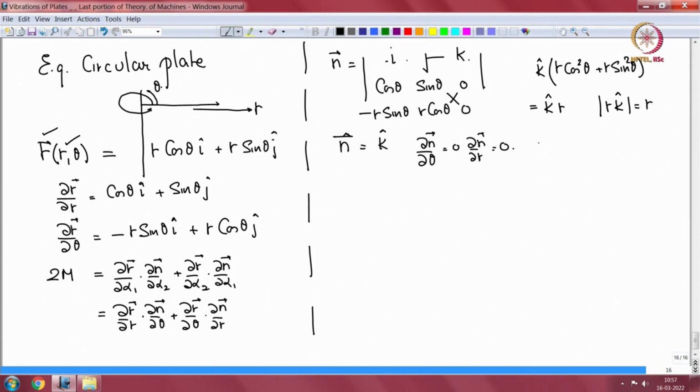Therefore M is equal to 0, which is what we said, if the meridian itself is taken as one of the coordinates. We'll check this out for a cylinder.